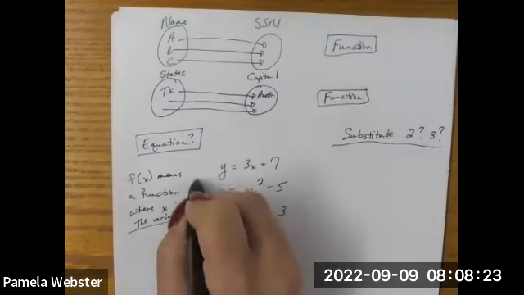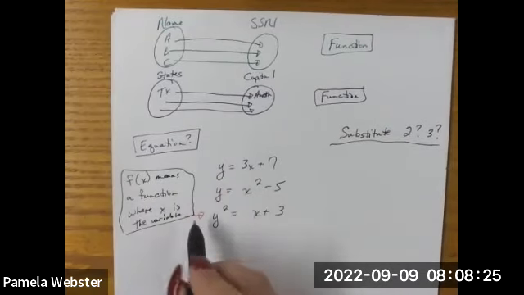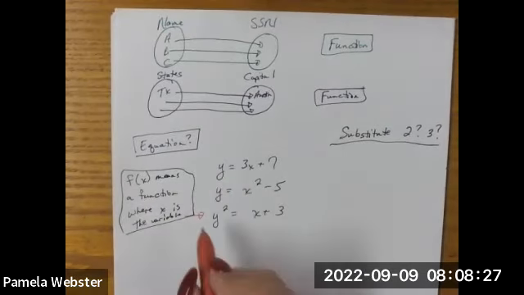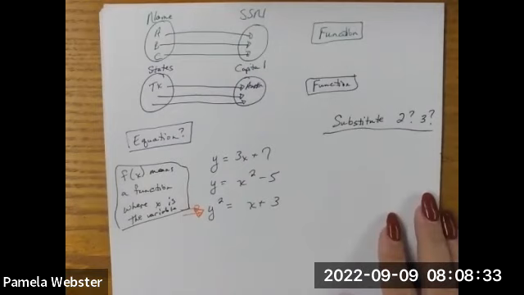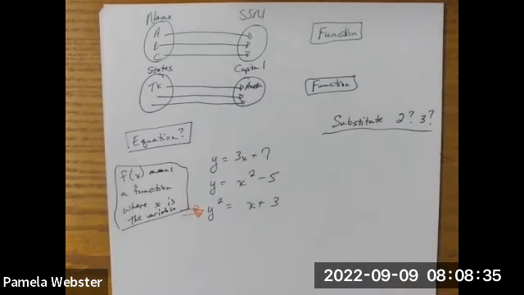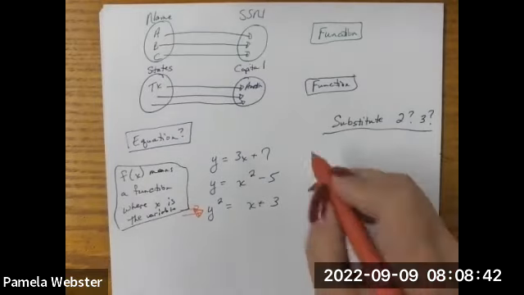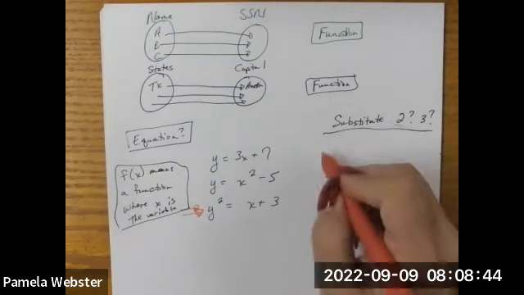We've got some function. We're naming it f. It could be g, it could be h, whatever. And the variable in it is x. It could just as easily be something like g of t, and your variable there will be t.